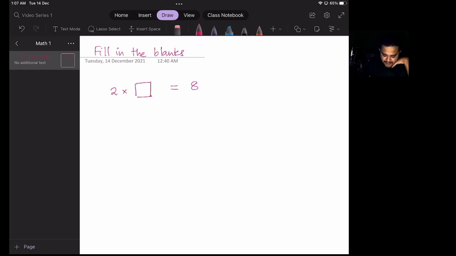That blank is what gets replaced by an alphabet or an unknown. This is our unknown, right? So instead of writing this as a blank, we write this as 2x equals 8. What it means is it is 2 times x equals 8.